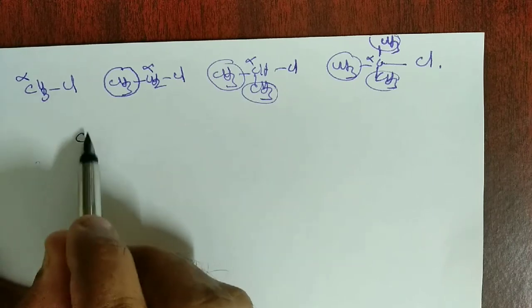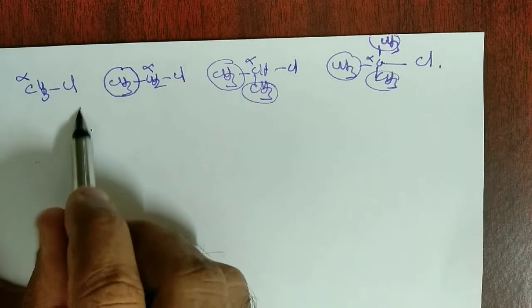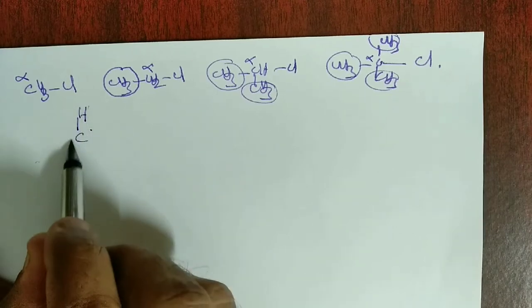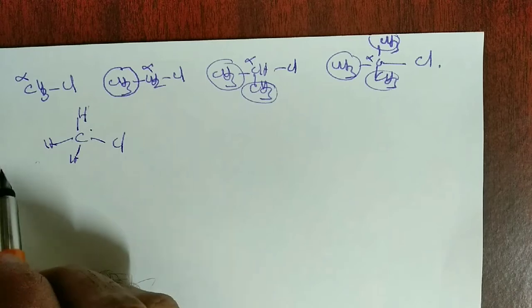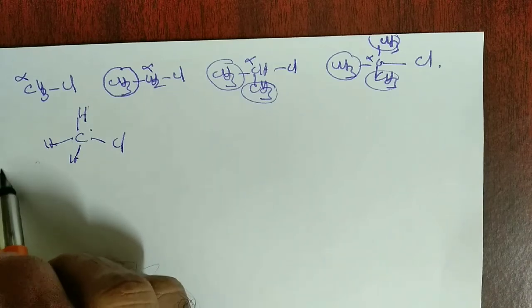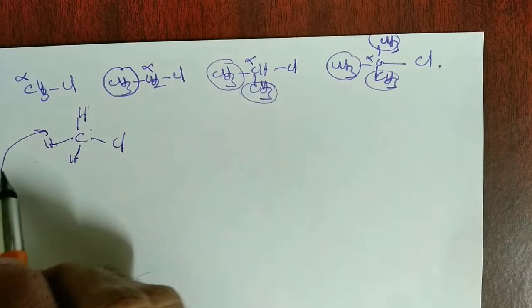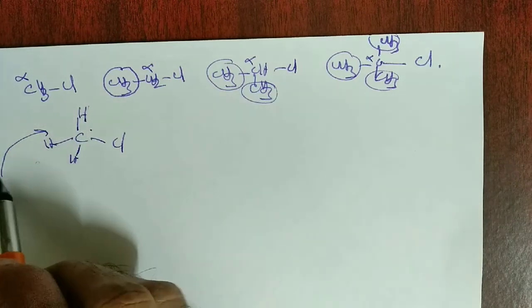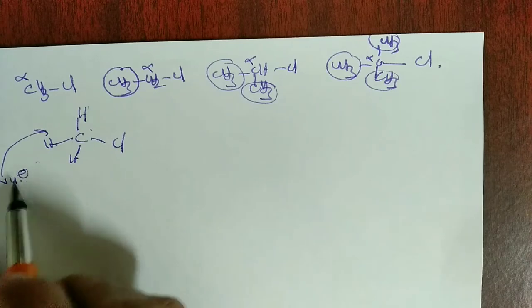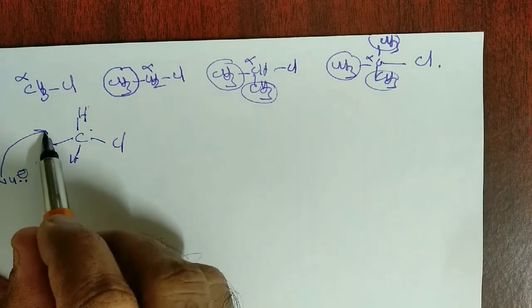Methyl chloride, this molecule has a tetrahedral shape. CH3Cl. The nucleophile approaches from the rear side. So here hydrogen atoms are present in the rear side, so approach of nucleophile will be easier.